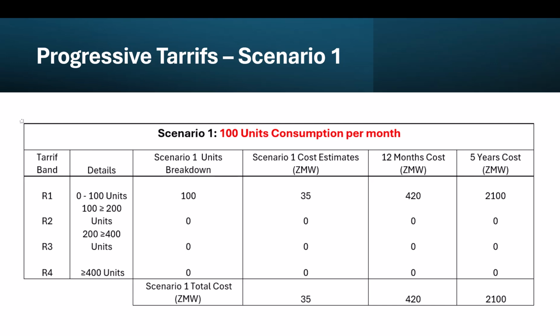Of course, we have interbands, for instance, 150, 250, 350, 450, but the logic is the same. All the units from 0 to 100 cover band 1, more than 100 up to 200, band 2, more than 200 up to 400 units, band 3, and more than 400 units, band 4.